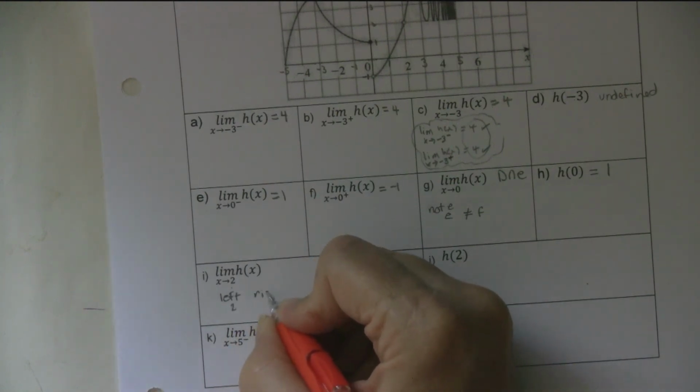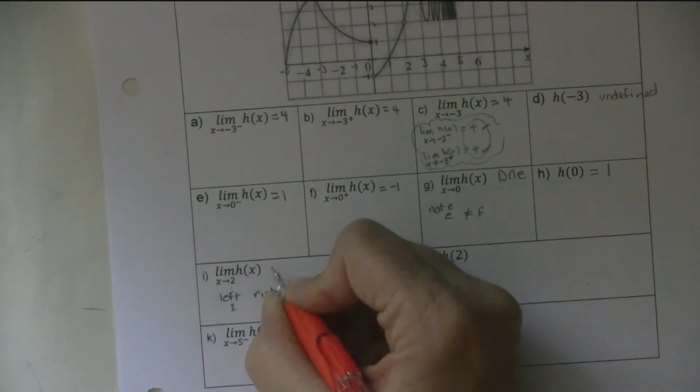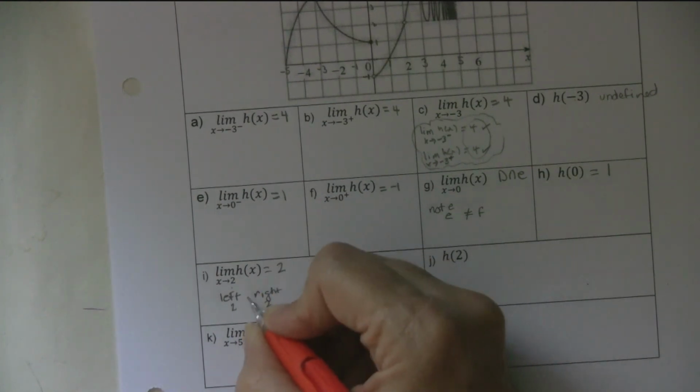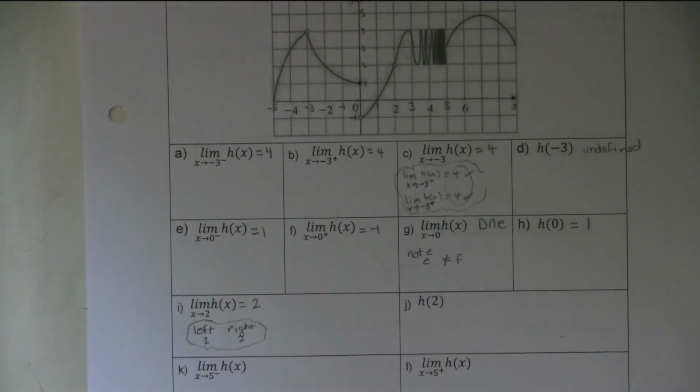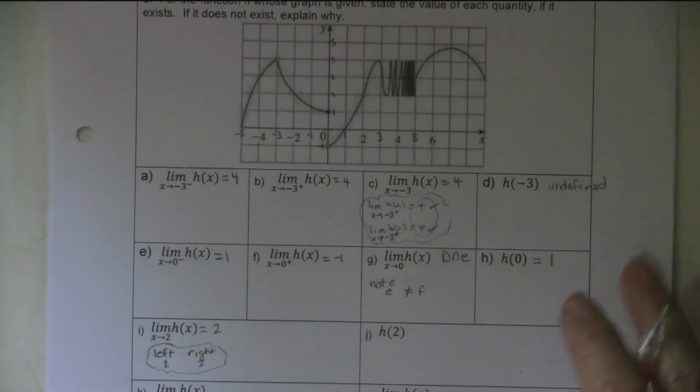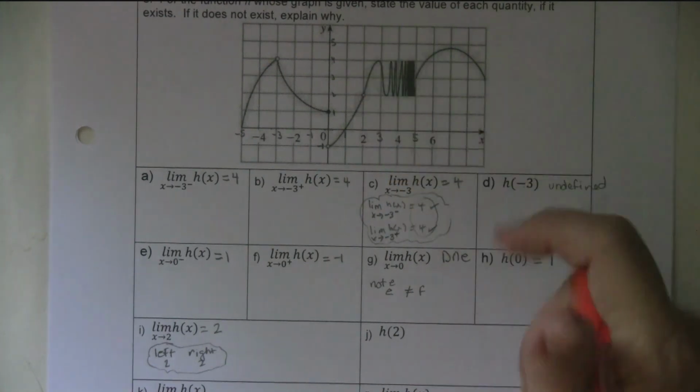And the right, so this is what I'm thinking, it's also going to 2, so that means from both sides it's going to 2. So in my thoughts, I'm writing, make sure that you know that I thought about both sides, the right and the left. Well, what about at 2 itself? Well, at 2 itself, it's undefined.